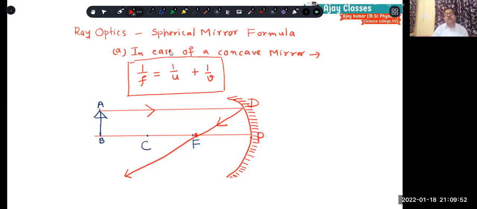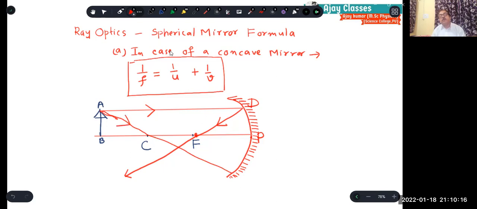And another ray will pass through the center of curvature of the mirror. So we first put the pen at the tip of the object and we just start to draw the straight line. It goes directly to the mirror at any new point.